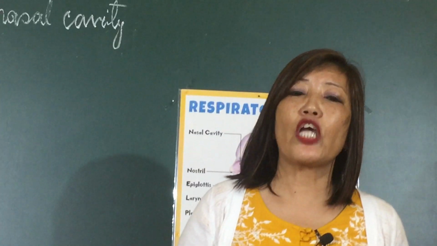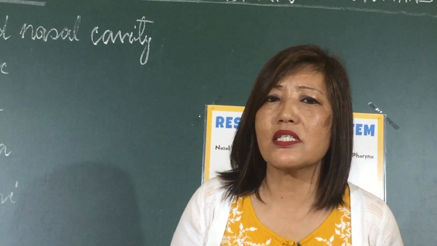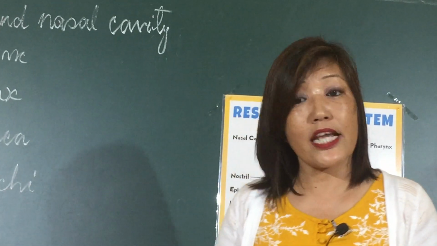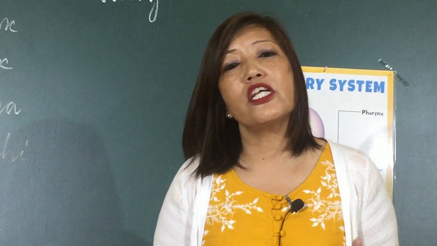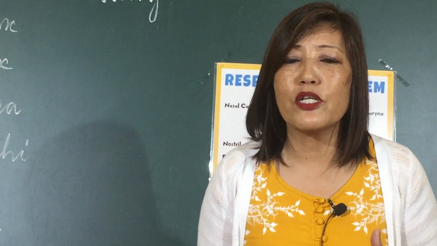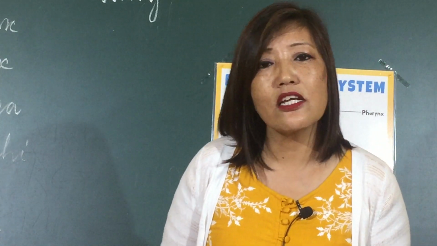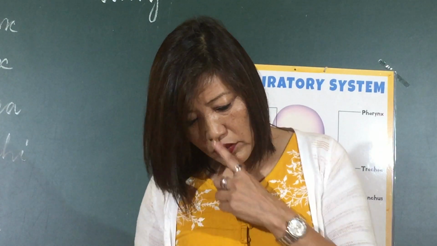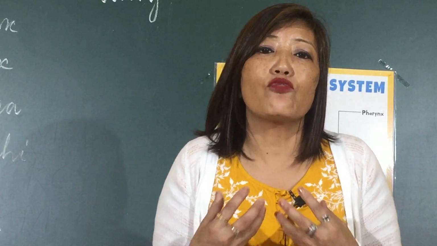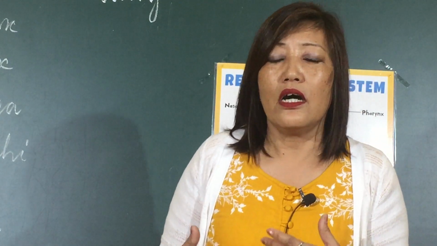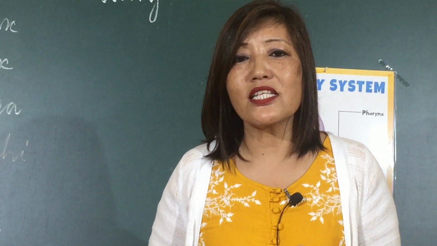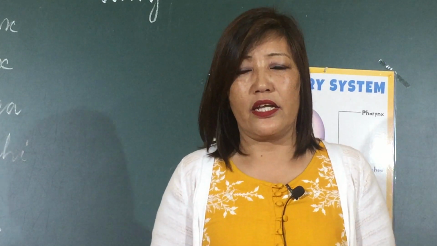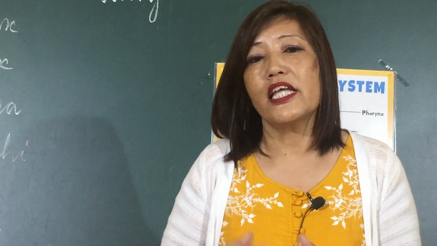Now, exchange of gases. How does the exchange of gases take place inside our body? Gas exchange is the process that occurs between carbon dioxide and oxygen. The inhaled air, the air that we breathe in, after passing through the trachea, bronchi and bronchioles, reaches the alveoli, where the exchange of gases takes place.